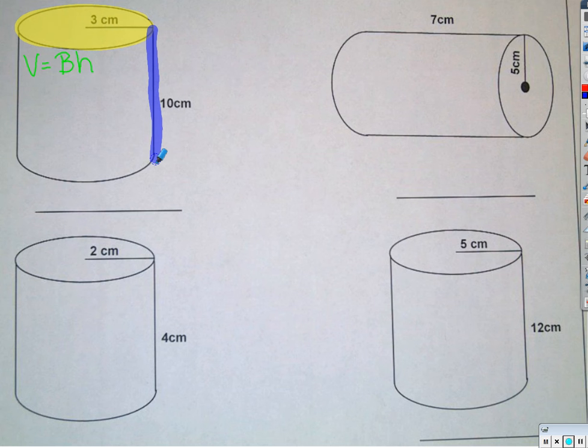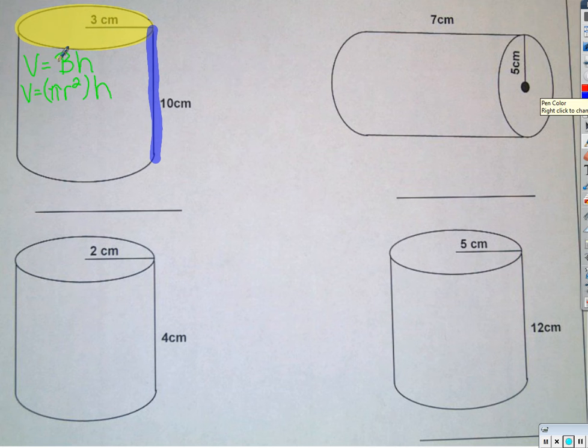So cylinders are actually pretty simple. So our formula, V equals big B times H, is going to actually turn into volume equals, in our parentheses, pi r squared times the height of our prism.